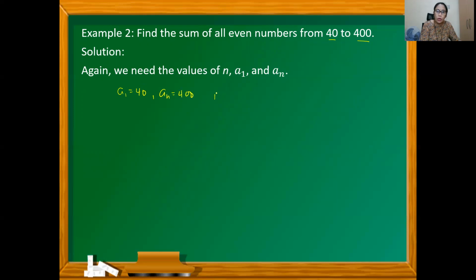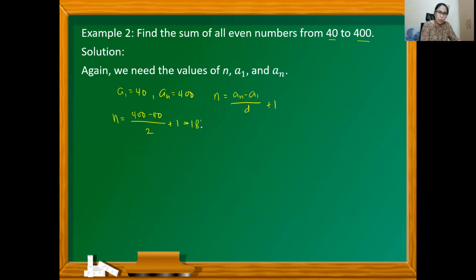Again, n equals a sub n minus a sub 1, all over the common difference, plus 1. So n equals 400 less 40, all over 2, plus 1, which is 181.